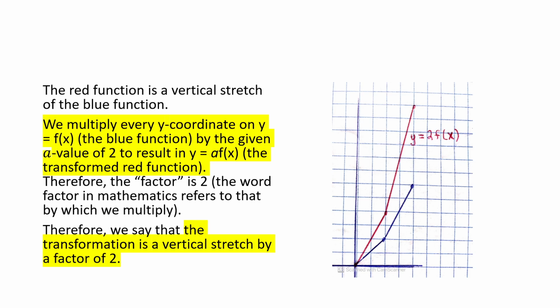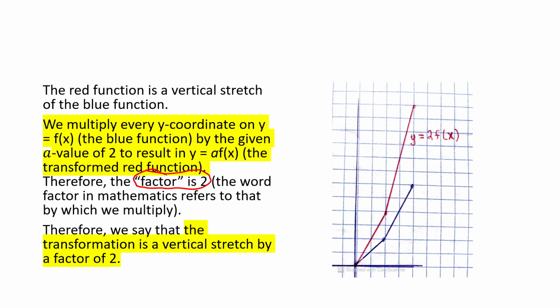The red function is a vertical stretch of the blue function, the parent. We multiply every y coordinate on y equals f of x, the blue function, by the given a value of 2 to result in y equals af of x, the transformed red function. Therefore, the factor is 2. The factor, that's a very important word.